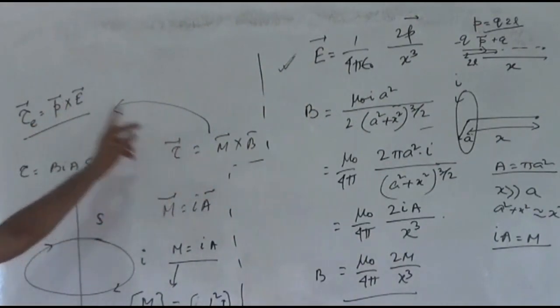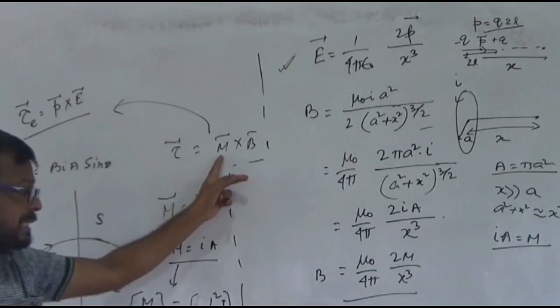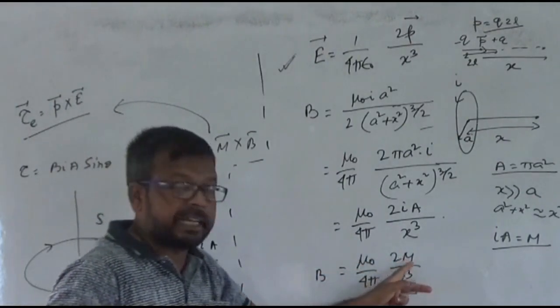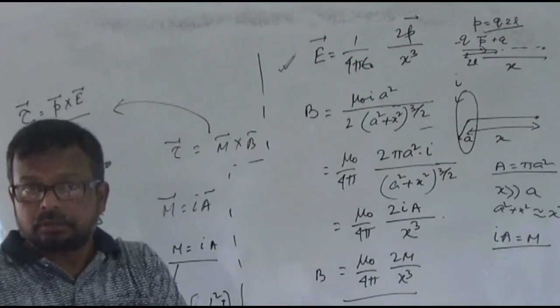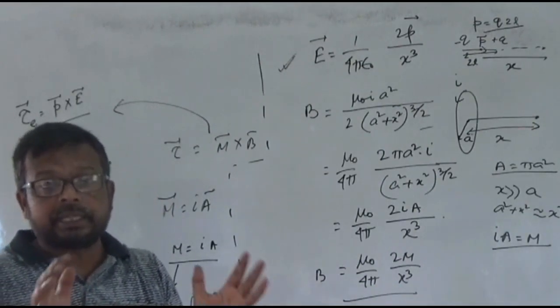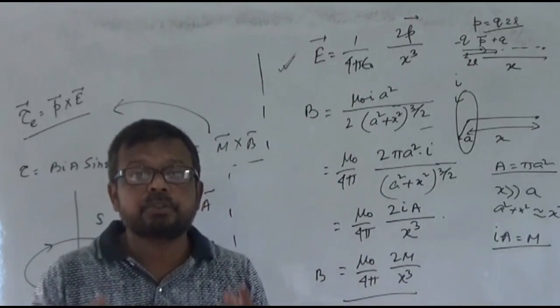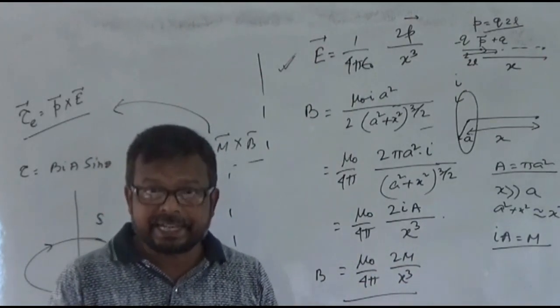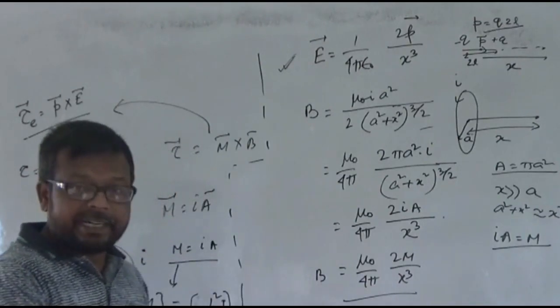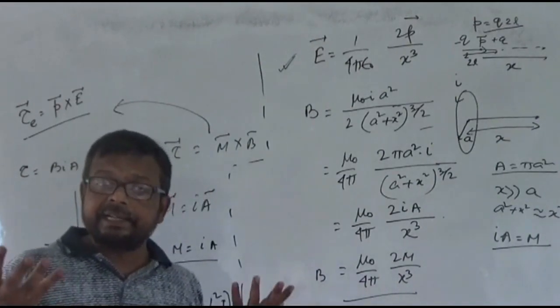Now comparing these two, we can say this is magnetic dipole moment. Magnetic dipole moment of what? Of a magnetic dipole. Now, is there any magnetic dipole here? No, there is a current carrying loop.